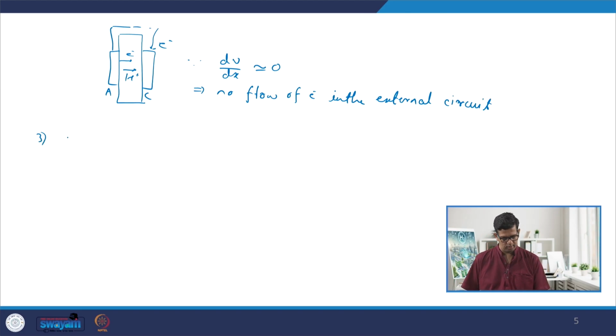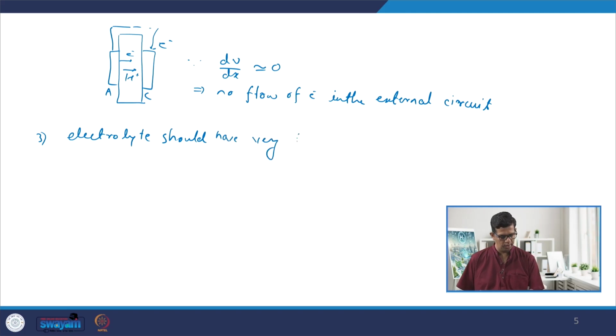Third, the electrolyte should have very low fuel crossover.